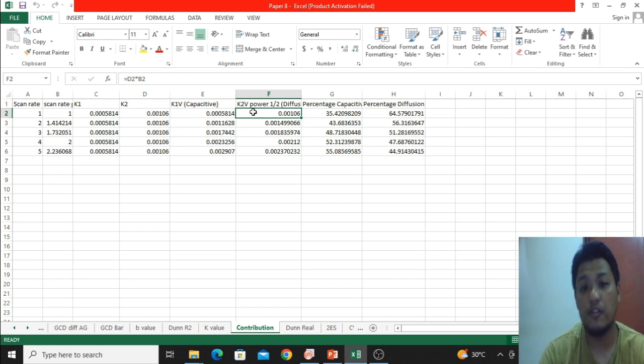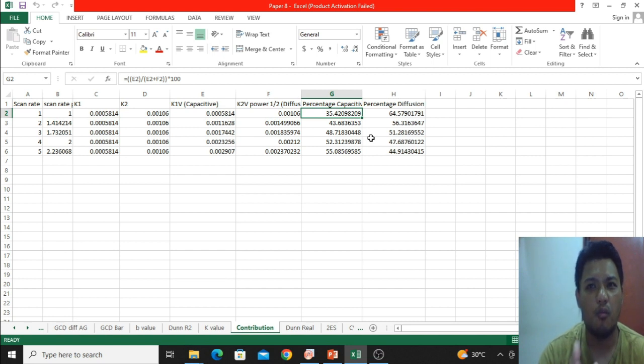Okay, that is the diffusion contribution. Then you can get the percentage. It's quite easy. For percentage, it is K1V, the capacitive, divided by capacitive plus diffusion, times 100, then you get the percentage. Okay, so it depends on how you tackle your paper.